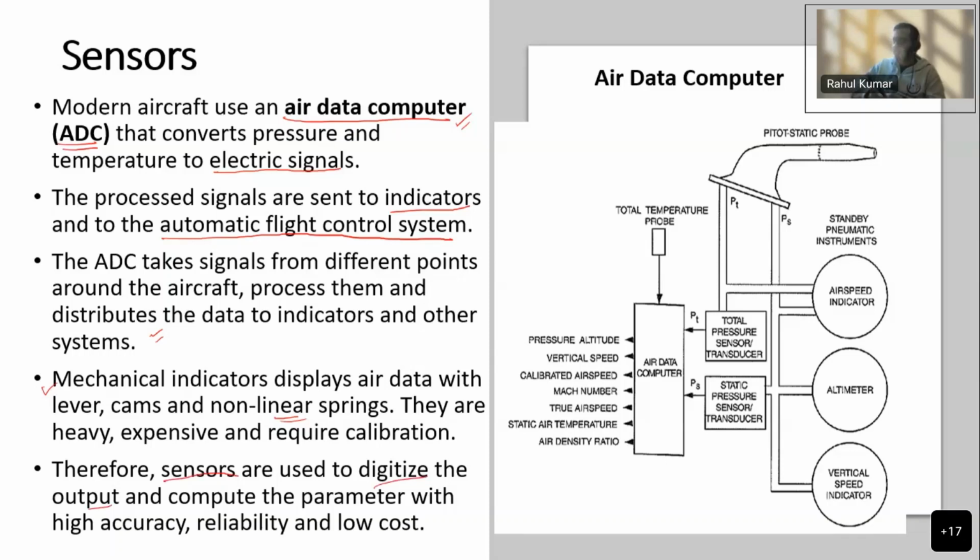And you have your ADC, which will compute the parameters with higher accuracy, reliability and low cost. These sensors are relatively cheaper, very cost effective, and to a certain extent reliable, and yes, they have very high accuracy in comparison to your mechanical indicators.